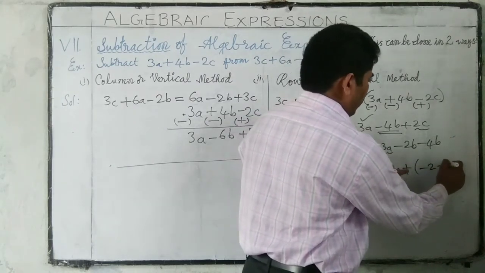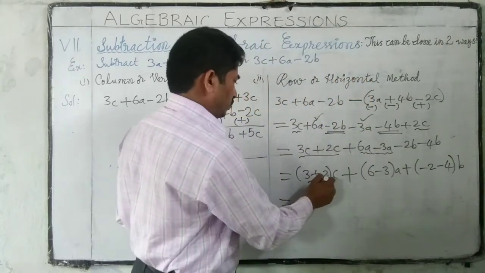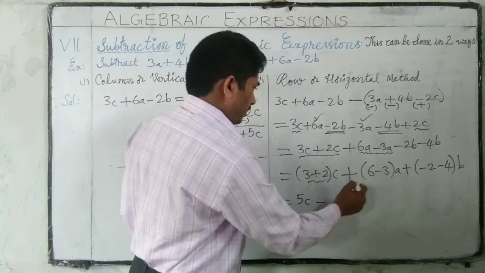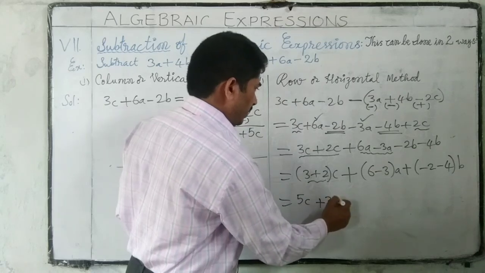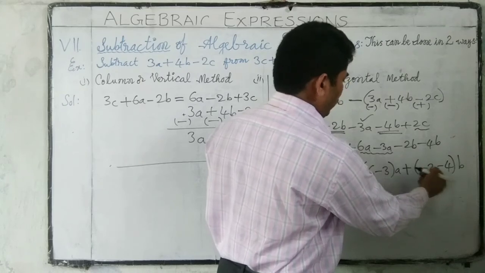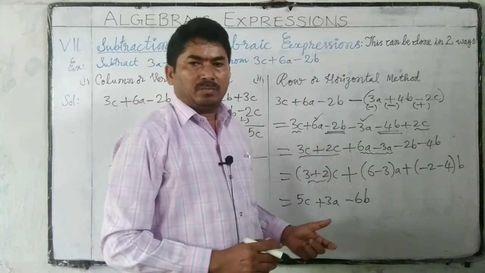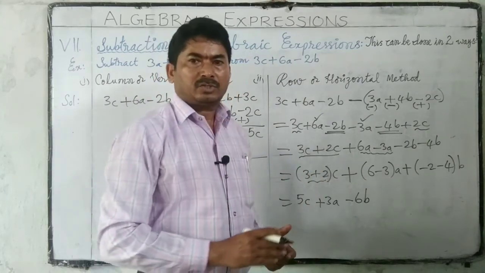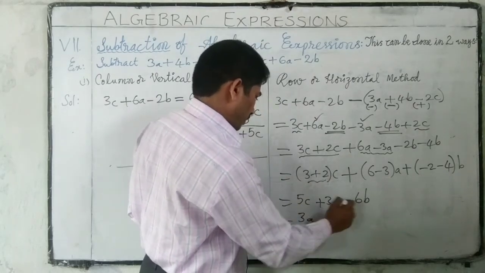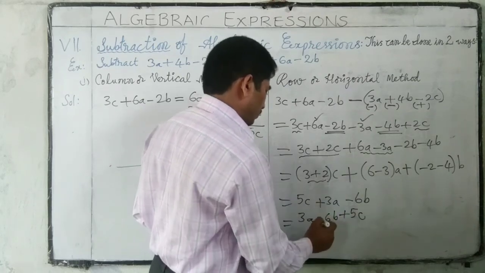Here minus 2b minus 4b, both negative signs, so minus 6b. Finally we have to make the standard form: 3a minus 6b plus 5c. So this is the answer.